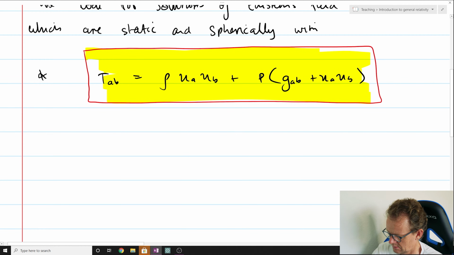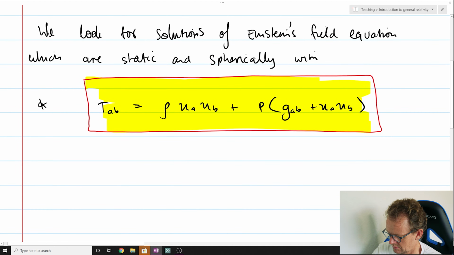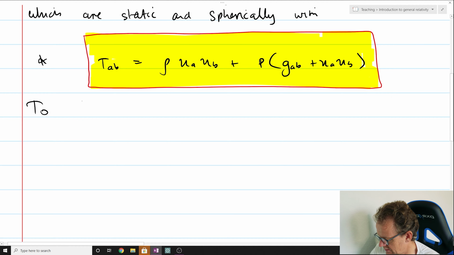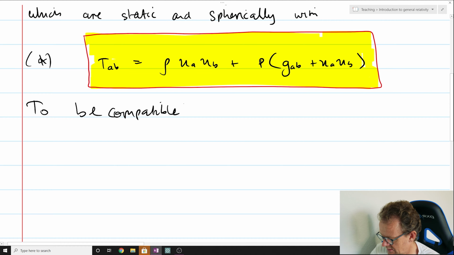And so we've got to start by making some assumptions in order to be able to compare the stress energy tensor with the metric solution that we have already derived on general grounds. And the observation we're going to use is that we should choose a direction for this u vector.